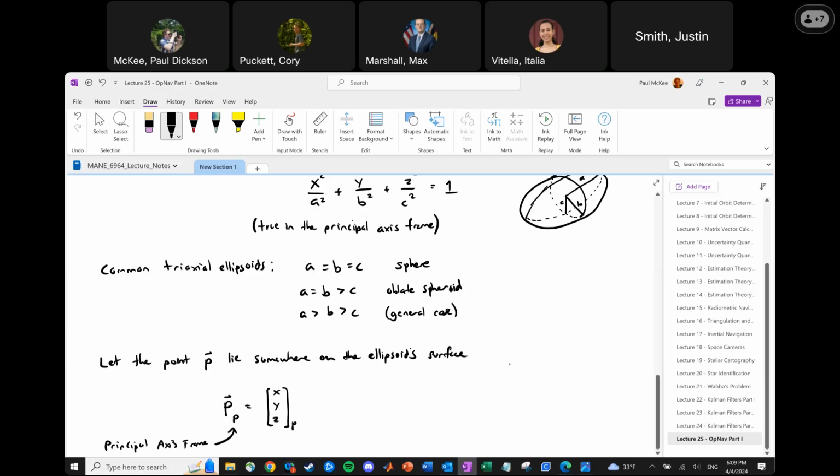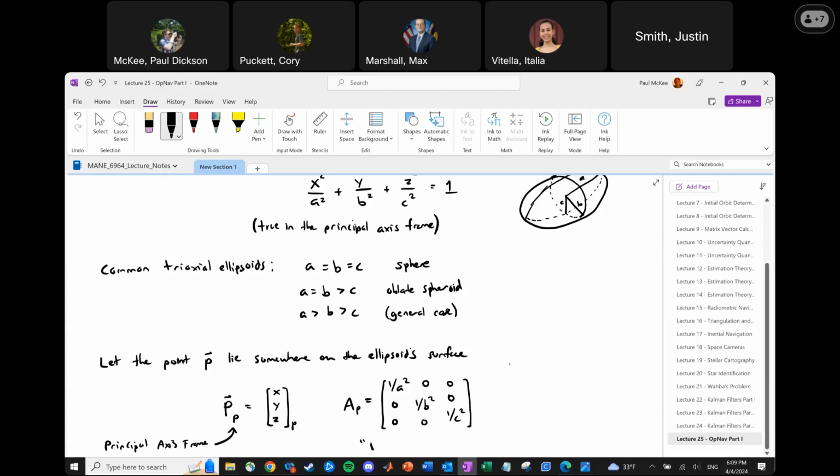If p is this and A is this, A is 1 over little a squared, 1 over little b squared, 1 over little c squared, you could think of this as the shape matrix, the matrix which contains the information about the planet or moon.